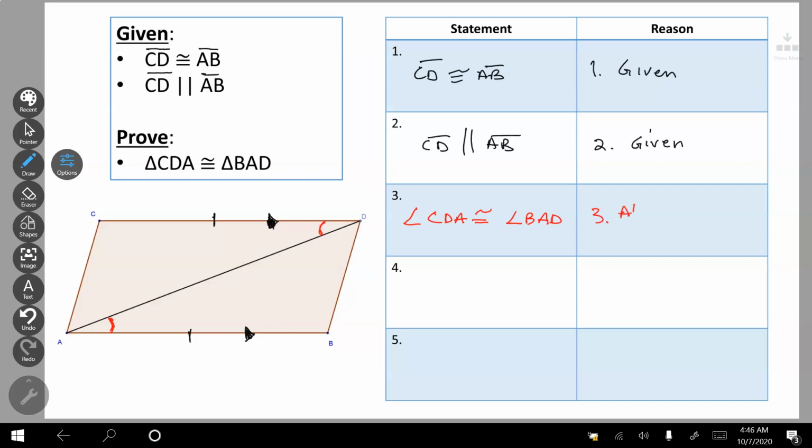They are alternate interior angles inside of parallel lines. AIA is good enough. You don't have to write it all out. And then at the end here, this side here, the diagonal, AD is always congruent to itself based on that reflexive property.